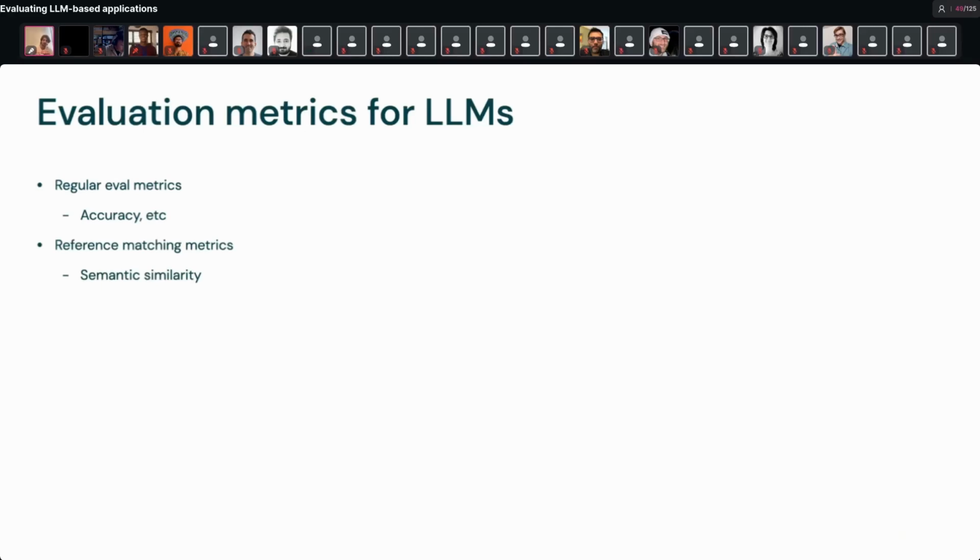You want to compare these two things and say, is the model doing the same thing as the reference answer? You can do this using deterministic things like semantic similarity: you can embed these two answers and see how close together they are. Or you can ask another LLM, is the answer that I know is correct and the answer that the model generated factually consistent? So you can write a prompt to have an LLM run that evaluation.